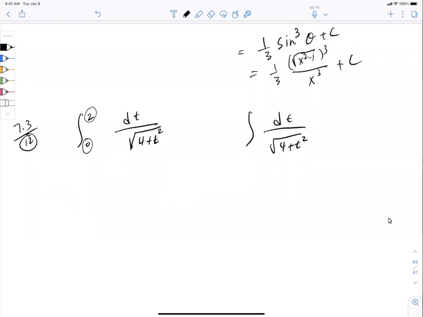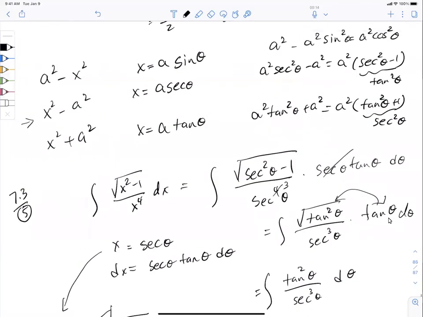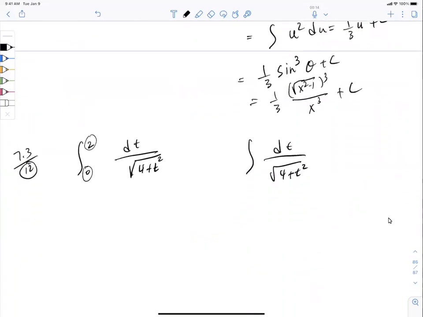And that kind of goes around having to do the triangle for the most part. So because it's a plus, remember the identity for plus is tangent. So I'm going to say a is 2. So I'm going to let t be 2 tangent theta, which means when t is 0, tangent theta is 0, which means theta would have to be 0.